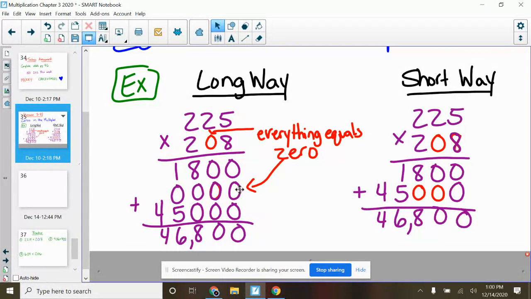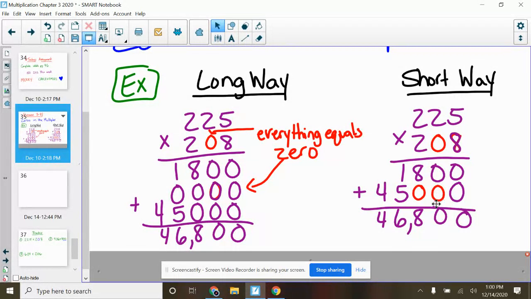So instead, I'm just going to fill in a 0 here underneath the 0 that I'm playing with, because everything I do with that 0 is going to multiply out to be 0. There's no point in me having all of these zeros in a big long line when I know that if I add 0 to anything else, it's not going to give me any more value.